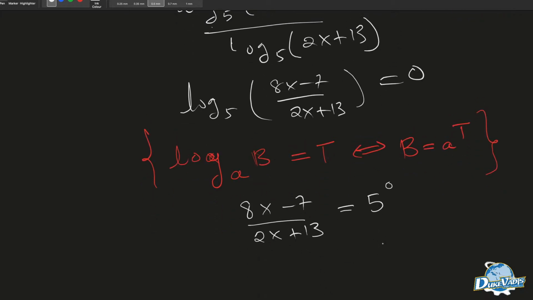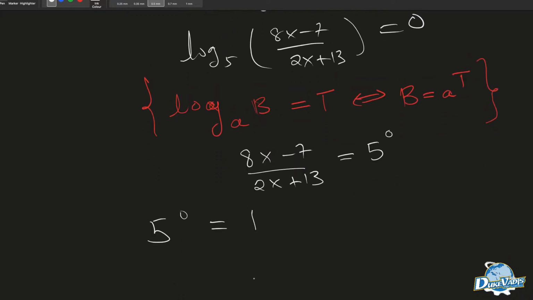Friends, we know for sure that 5 raised to the power 0 will always be equal to 1. If that is the case, then 8x minus 7 all over 2x plus 13 will be equal to 1.